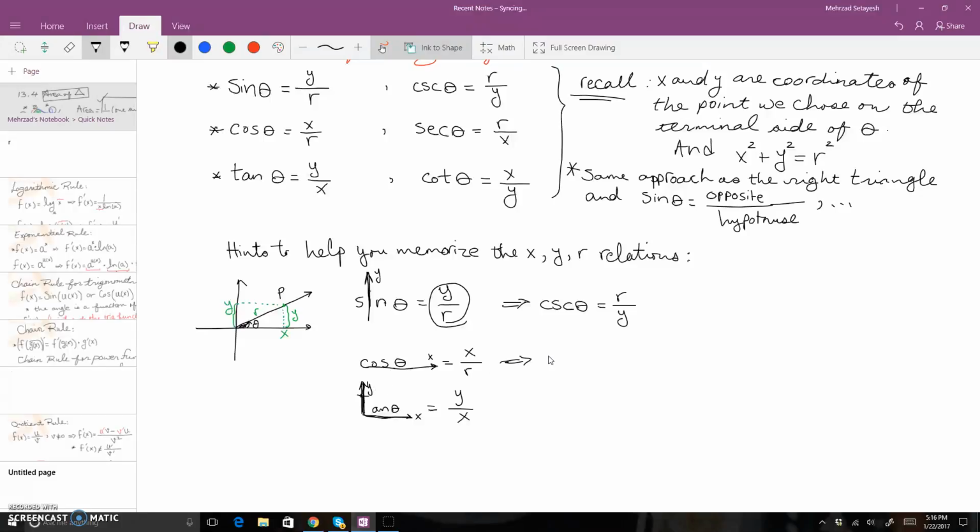Cosine we found, so secant of theta is the reciprocal of x over r, so it's r over x. And for tangent of theta, the reciprocal is called cotangent of theta, so the reciprocal of y over x is x over y. In the next video, I'm going to explain exactly what we do with these x, y, r, and how we find the 6 trig functions, if they exist, for different angles depending on their location in different quadrants.